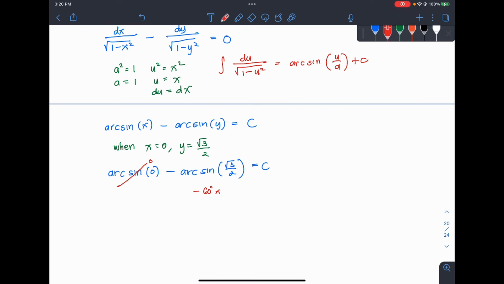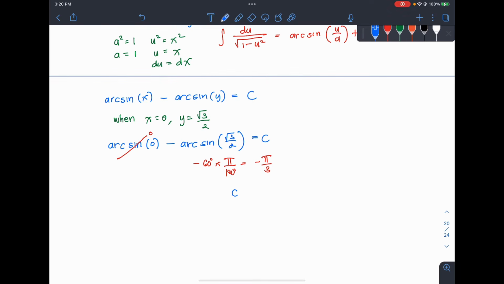As long as it is a trigonometric equation, our values should be in radians, so we cannot write 60 degrees there. We multiply by pi all over 180 degrees, which makes it negative pi all over 3, giving us C equivalent to negative pi all over 3.